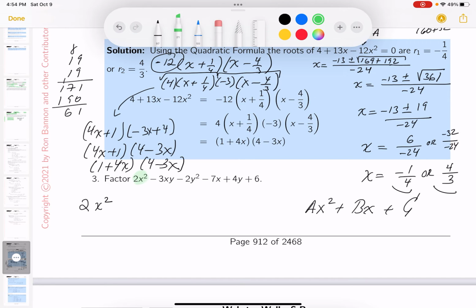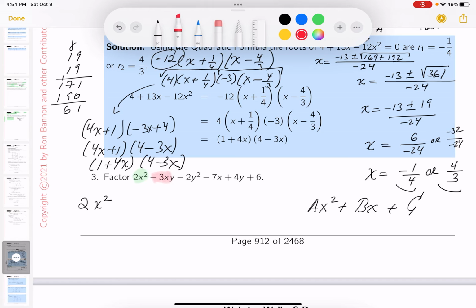Right, now what I'm going to do, I'm going to go any term with an x in it. So I'm going to say this one here and this one over here. And I'm going to write that down now. Now what's that going to be? Minus 3y, that's this guy over here, minus 7x.